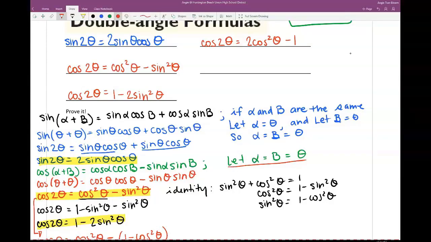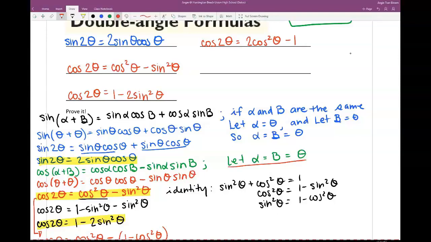Guess what? We can also do tangent of a double, okay. So what would I do with tangent of a double? I'm going to do the same thing. I can also manipulate tangent of a double. Tangent of a double, though, it's going to be a little bit longer, so I'm just going to give it to you.